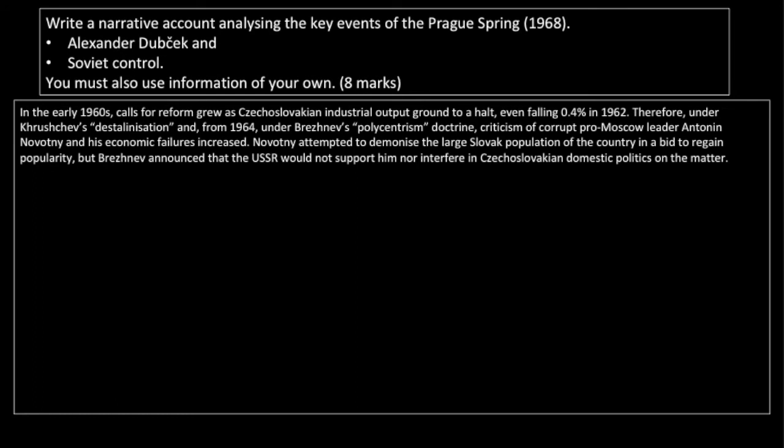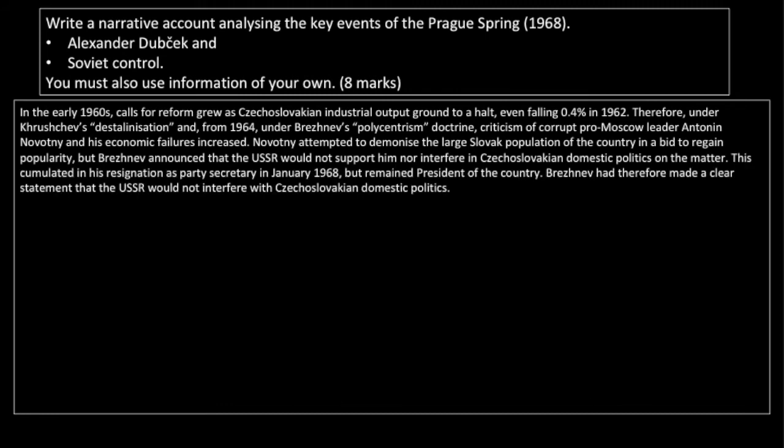Novotny attempted to demonize the large Slovak population of the country in a bid to regain popularity, but Brezhnev announced that the USSR would not support him nor interfere in Czechoslovakian domestic politics on the matter. This culminated in his resignation as party secretary in January 1968, but he remained president of the country.